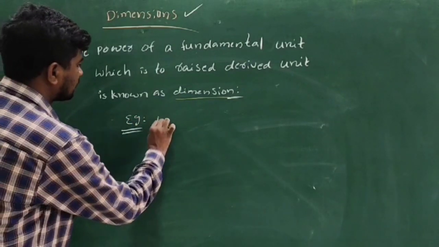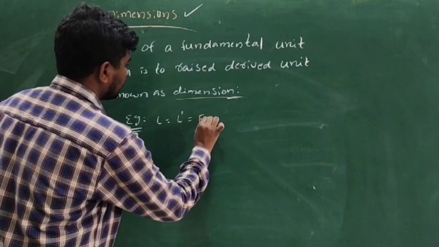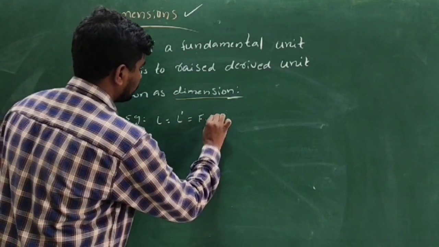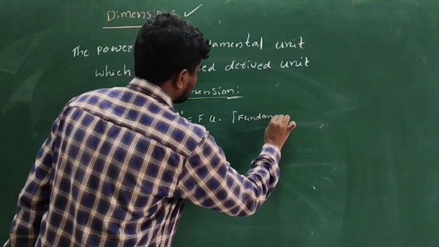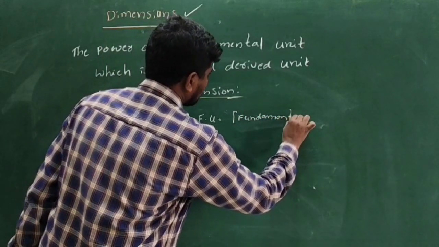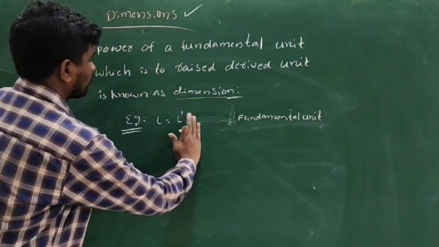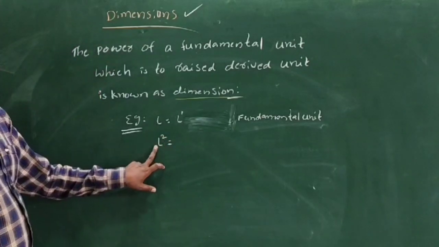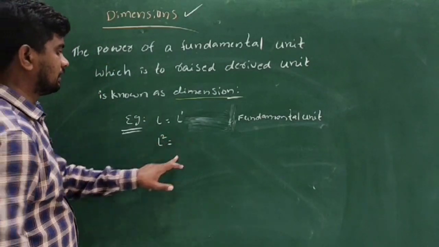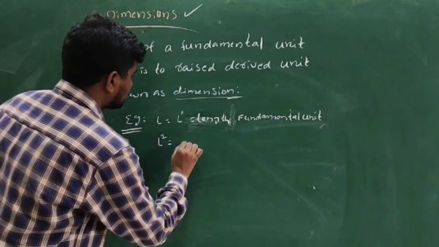Example. Length, L to the power of 1, is the fundamental unit. Next one is L square. The power is raised. L square means area.